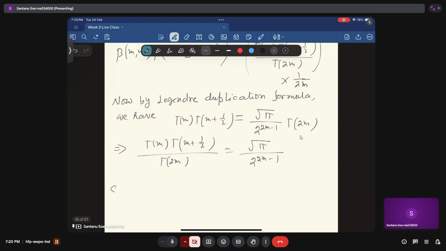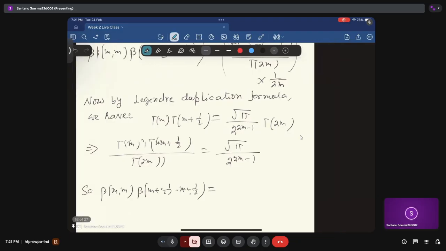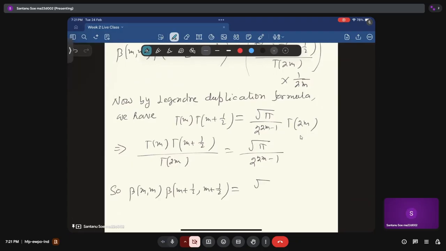So beta of m comma m into beta of m plus 1/2 comma m plus 1/2 is going to be square root of pi divided by 2 to the power 2m minus 1, square, into 1 by 2 to the power 2m.